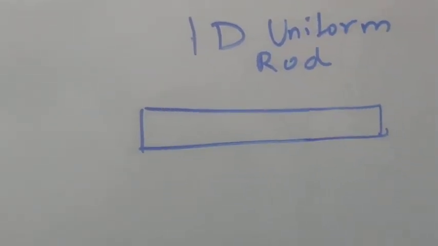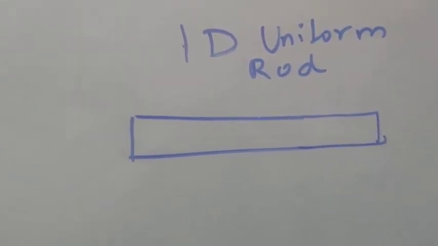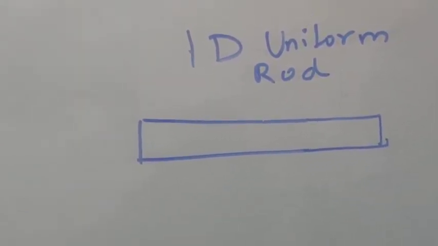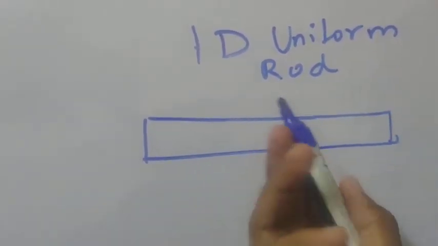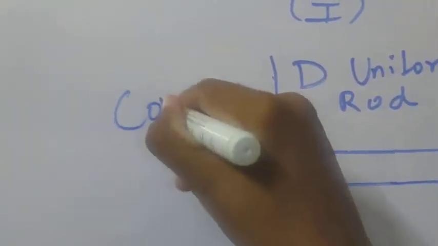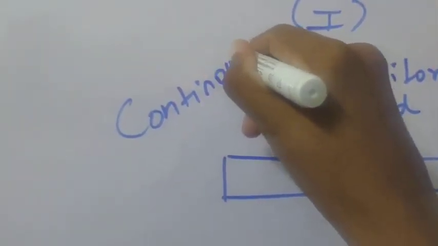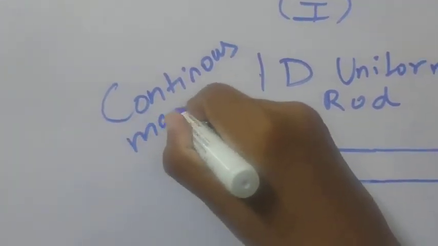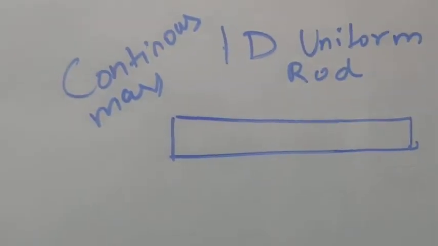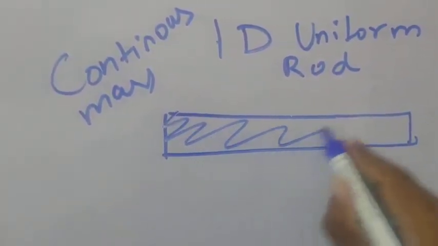Basically, in center of mass we used to calculate the center of mass of different objects. We take a small dm mass. This is a continuous mass system, so the mass is uniformly spread throughout.